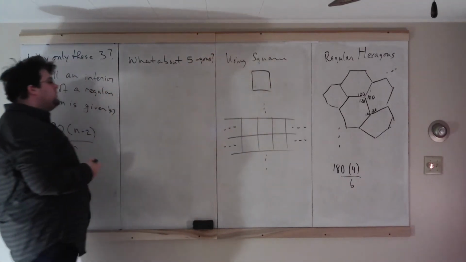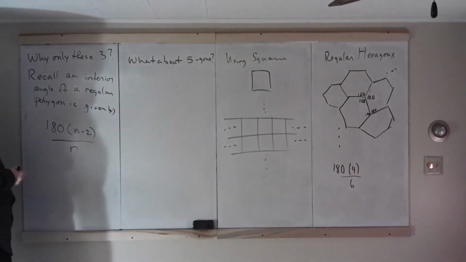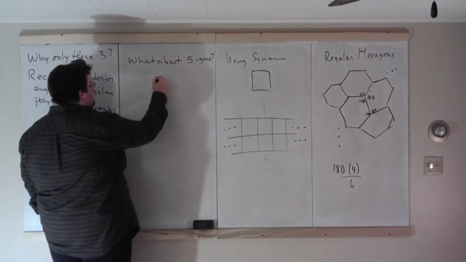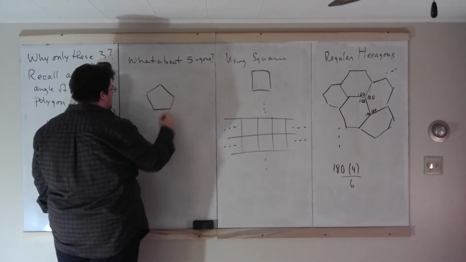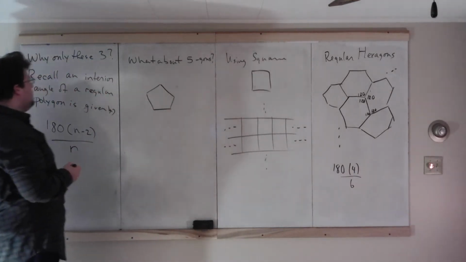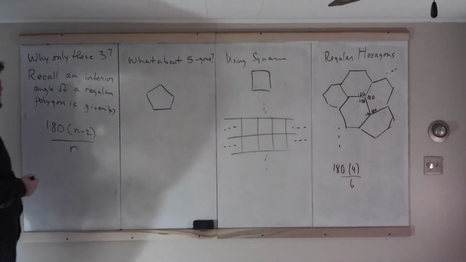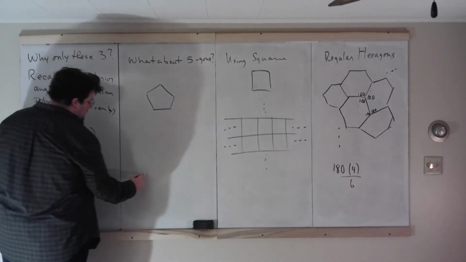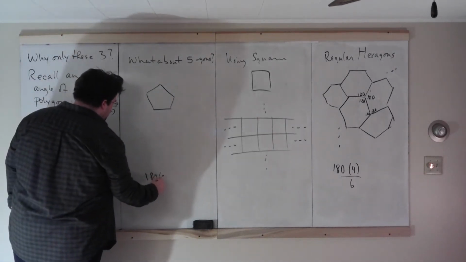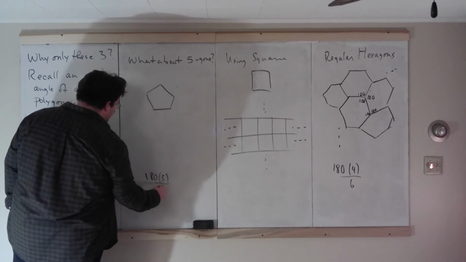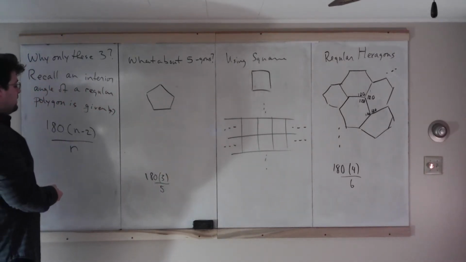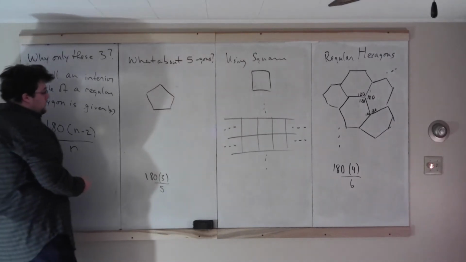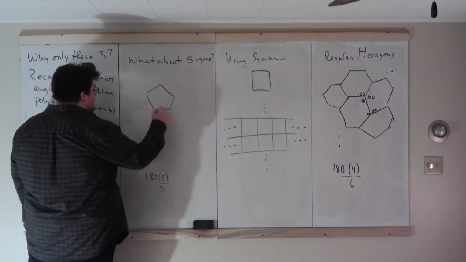So what happens if we try to do a tiling using regular pentagons? Well, what do they look like? They look like this. What do all angles measure? 180 times 3 over 5. 180 divided by 5 is 36, because 180 times 2 is 360. 36 times 3 is 108.